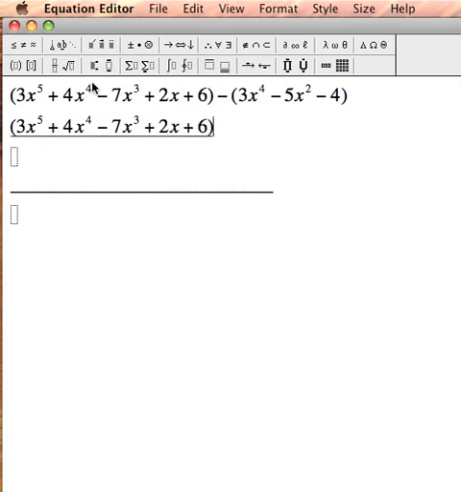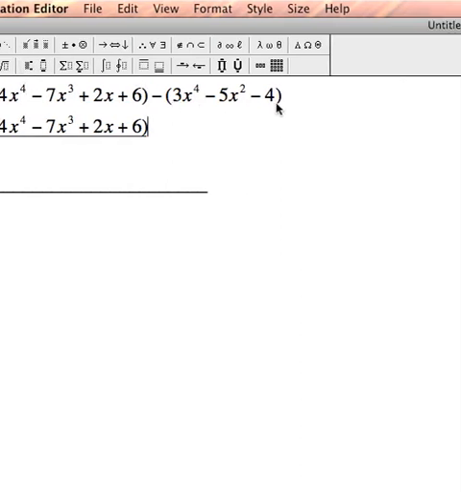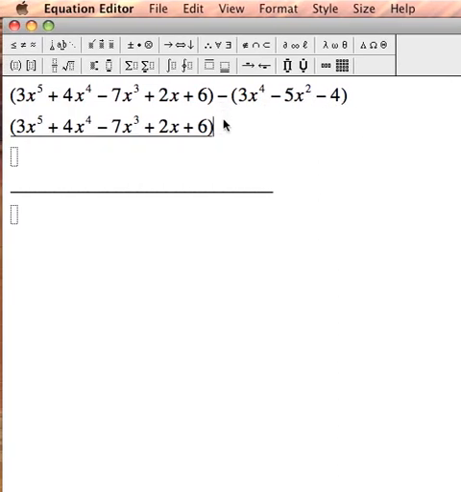Now, what I am going to do, though, is I'm going to distribute right here. So let's actually set this up as multiplication. So -1 times, let's change that to a dot.